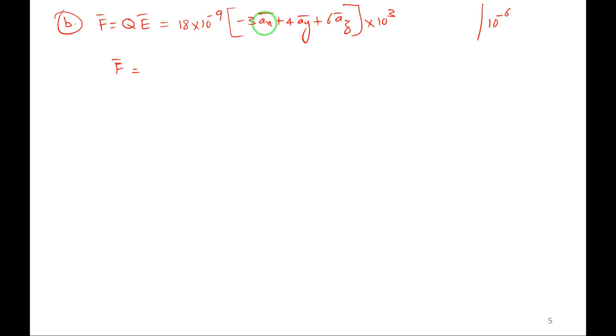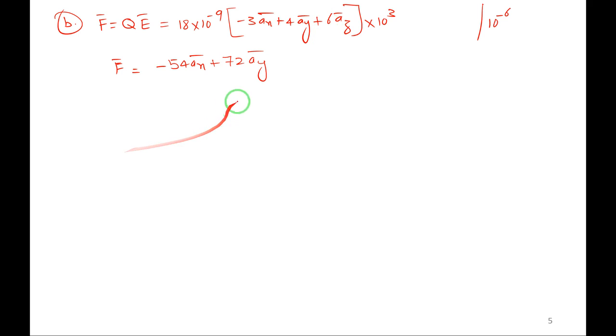So 18 into 3 I will multiply. I am getting minus 54AX. Then 18 into 4, I am getting plus 72 AY. Then 18 into 6.